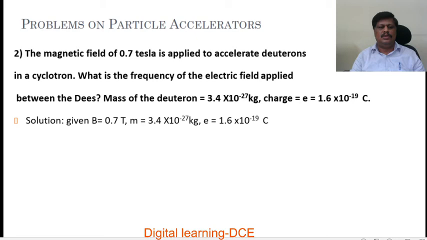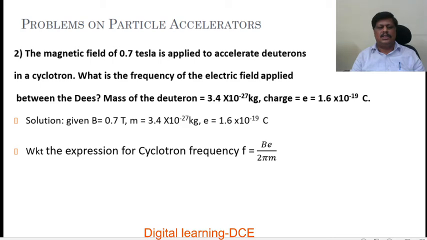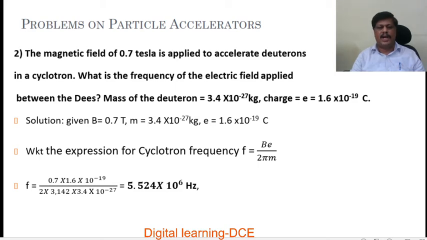Solution. So in the problem given, magnetic field 0.7 Tesla, mass of the deuteron and also charge on the deuteron. We know that the expression for cyclotron frequency is F is equal to qB by 2 pi m. Substitute all the values of B, q and m, we get F is equal to 0.7 into charge on the deuteron 1.6 into 10 power minus 19 over 2, pi value is 3.142 into mass of the deuteron 3.4 into 10 power minus 27 kg.